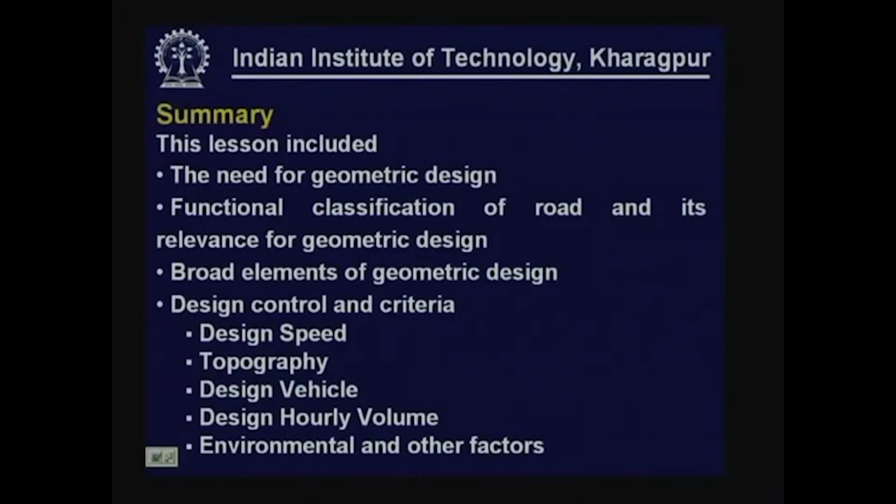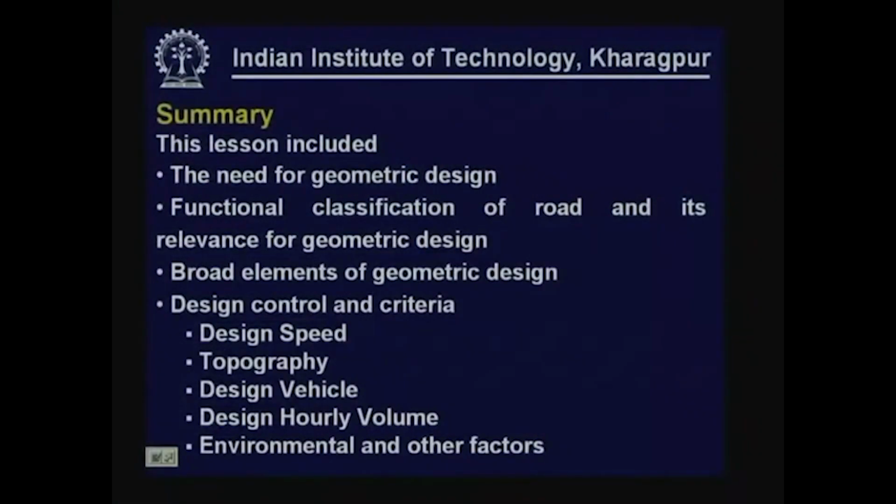We have also talked about the ADT, what we normally measure in the field, how to convert ADT to AADT, annual average daily traffic, then how to estimate design hourly volume from the AADT. All those aspects we have discussed and covered. That essentially completes the discussion under lesson 1.